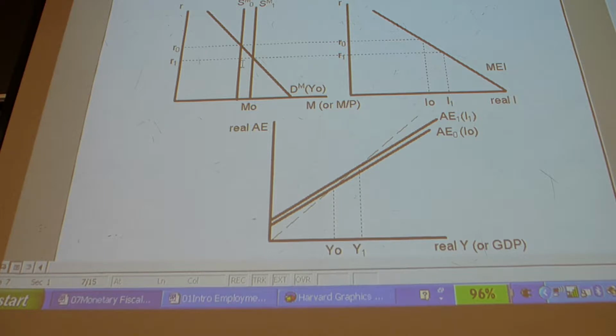In the upper left here is the money demand and supply diagram: supply of money originally, demand for money originally. In the lower diagram, simply because I'm dealing with money first, is aggregate expenditure Y equilibrium. In the right-hand diagram at the top is the marginal efficiency of investment diagram. We'll draw them in a minute, but look at this.